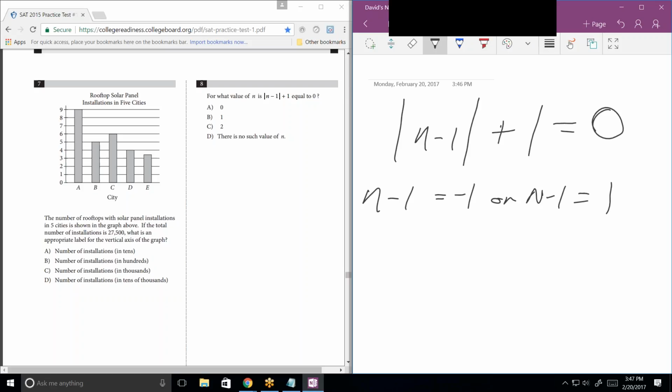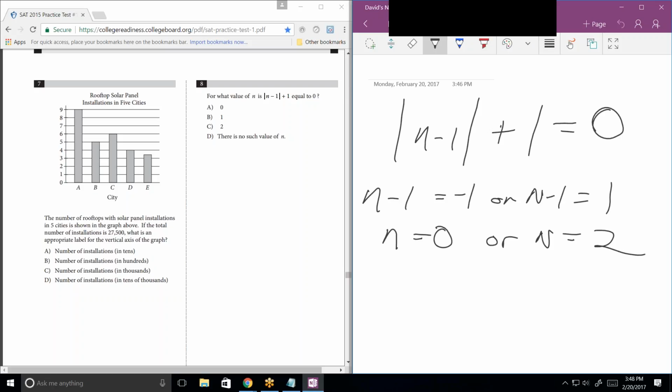Isn't that the way I've taught you how to do them? Well, this provides a solution of n equals 0 or n equals 2. And the question is, do either of those solutions work? The n minus 1 equals -1.